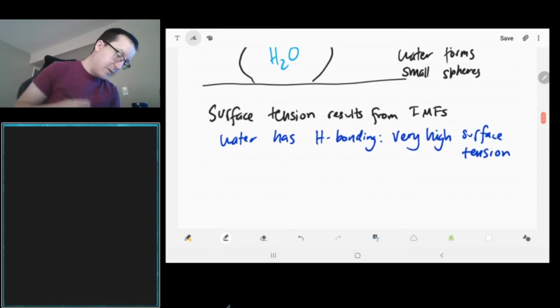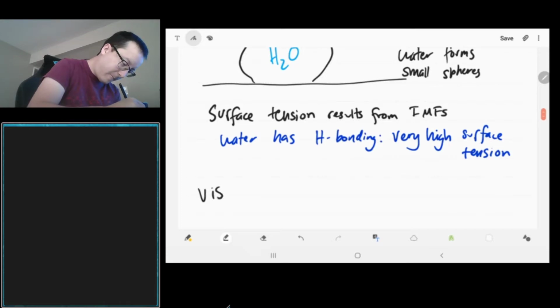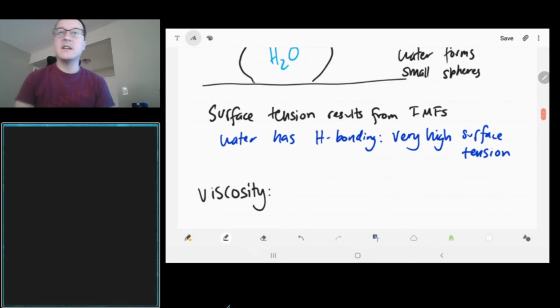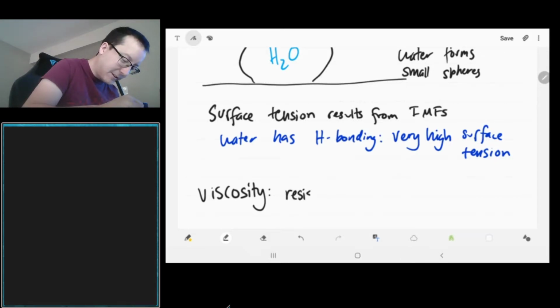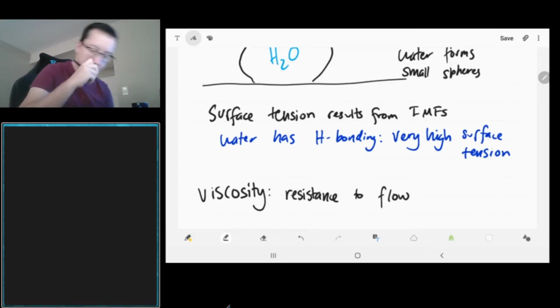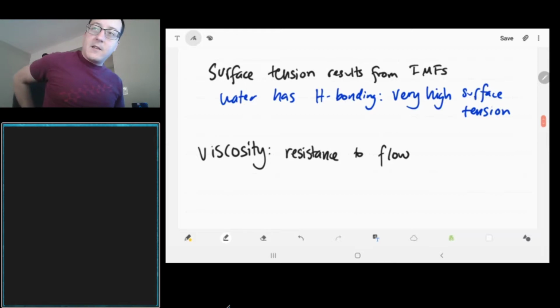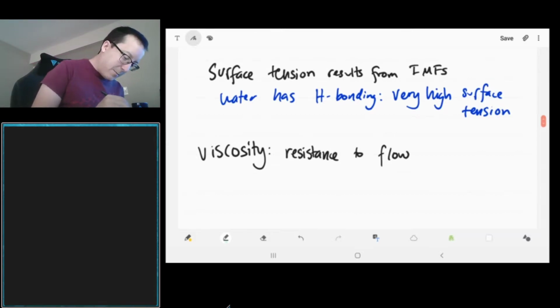Okay, how about another one? So that's surface tension. Viscosity is another one, and that's formally defined as resistance to flowing. What this means, let's give you some examples.